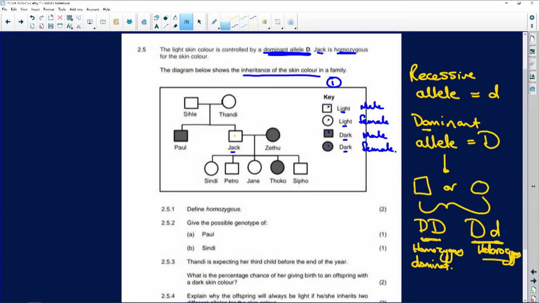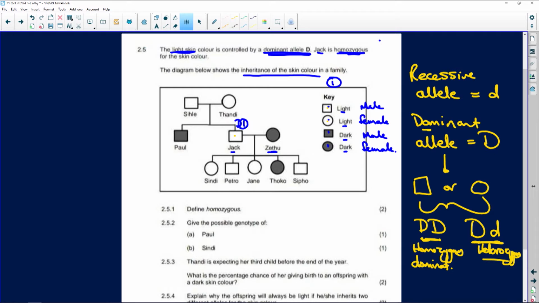Okay, so now I'm going to use this blue. What would Jack be? And they tell us Jack is homozygous for skin color. So if he's homozygous, he's going to be homozygous light. And if he is homozygous light skin, he is going to have to be capital D, capital D. And this little lady here, Z2, is dark.